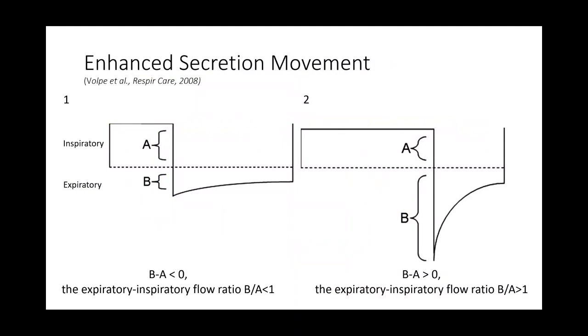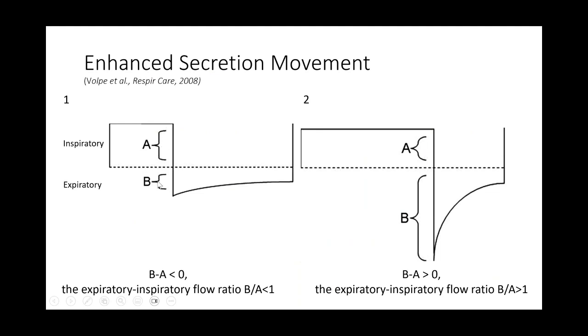So obviously secretions are moving naturally with breathing and the mucociliary escalator, but as physiotherapists, we want to enhance that secretion movement. And this slide shows two graphical traces. The first one on the left here shows the inspiratory flow and time above the dotted line, and the expiratory flow and time below the dotted line.